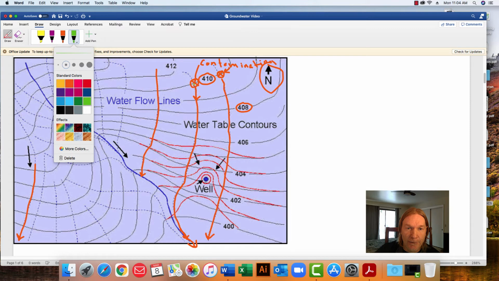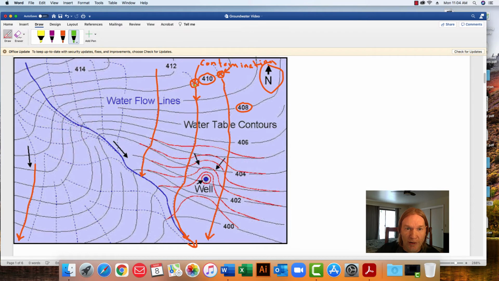From the same location, look what happens if I draw 90-degree contour intersections. It's going to curve like this, and in order to hit this guy, I have to hit it at 90 degrees. That's going to be like that. So notice how it's curving right into the well.